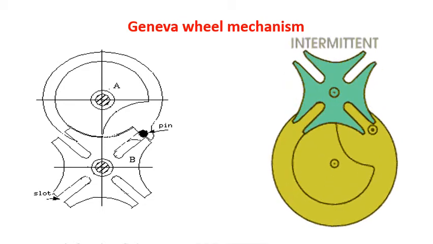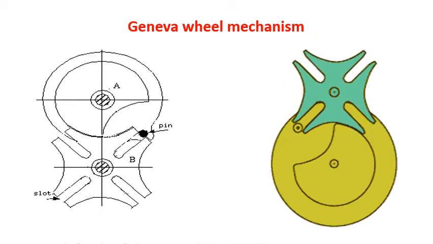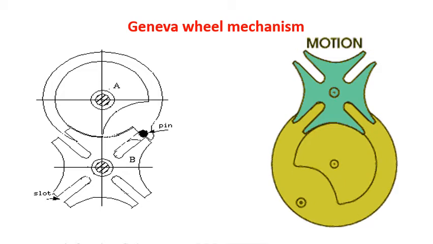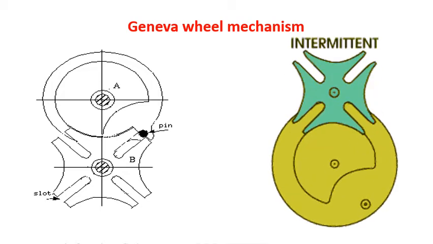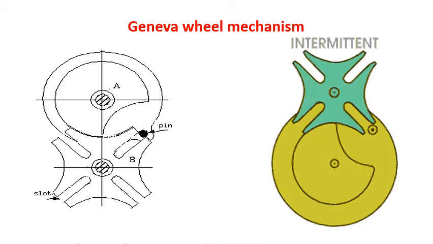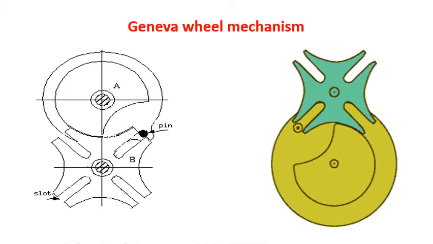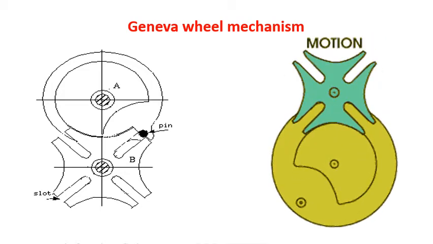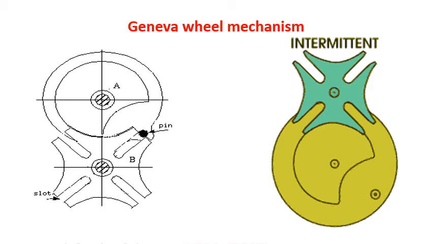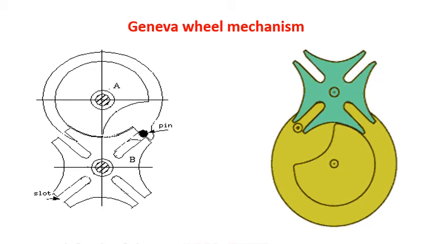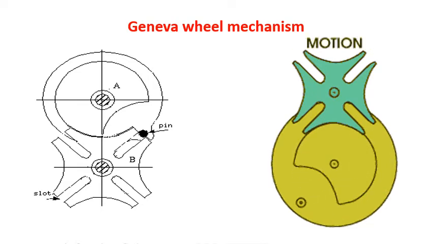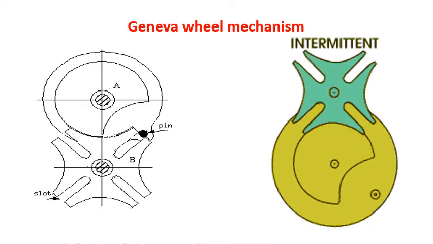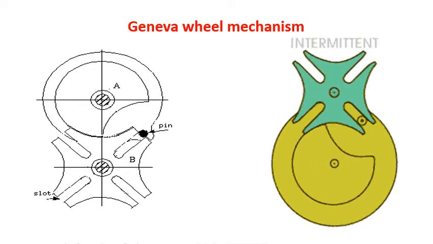It is important to note that the center line of the slot and crank are mutually perpendicular at engagement and disengagement. Usually, the crank rotates at a uniform angular velocity and carries a roller to engage with the slots. The Geneva wheel is turned 1/4 revolution of the driving crank.